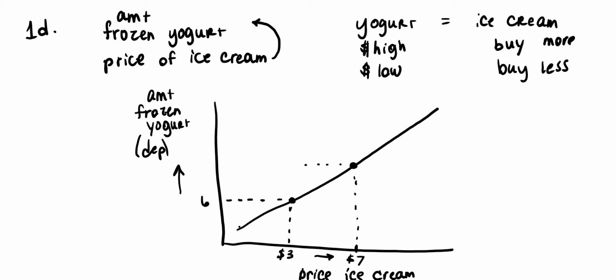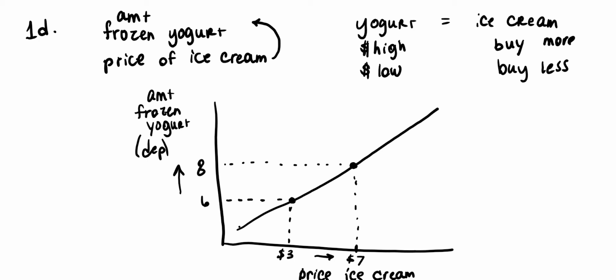And then we come across to the y-axis to say, okay, how many pints of frozen yogurt do we buy? I'm making all of this up, so I don't know exactly, but I definitely know that it's more than 6 because it's further up on the y-axis. And so maybe we buy 8 pints of frozen yogurt in this example.